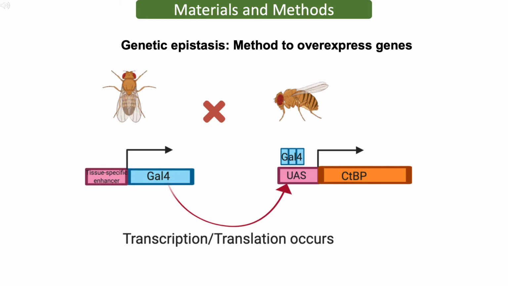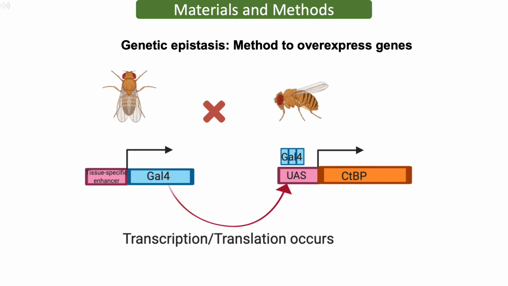This drives the expression of GAL4, which will then bind to the UAS, which is the upstream activating sequence of the GAL4 system. Once these are activated, it'll drive the expression of CtBP, and so we'll get this overexpression of the CtBP gene in these fruit flies.